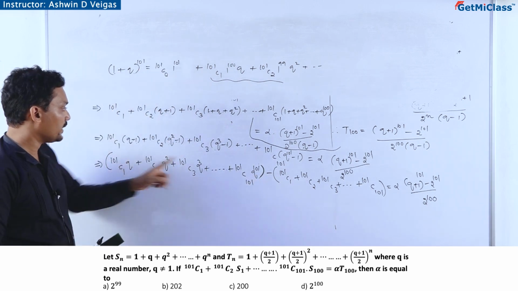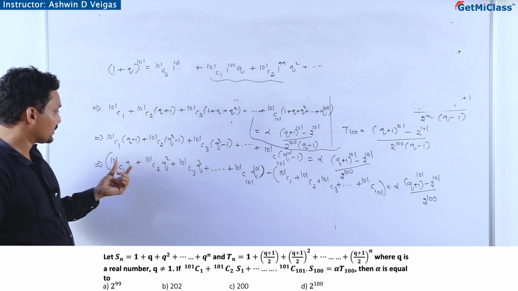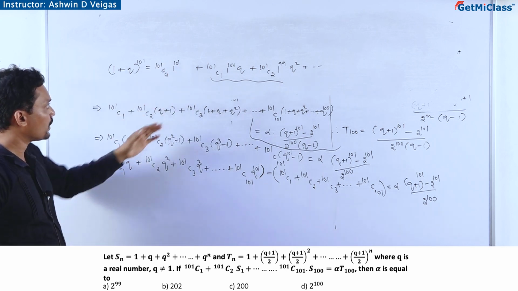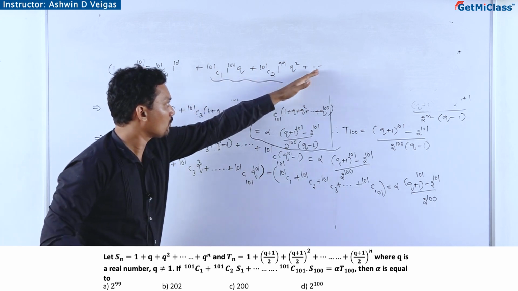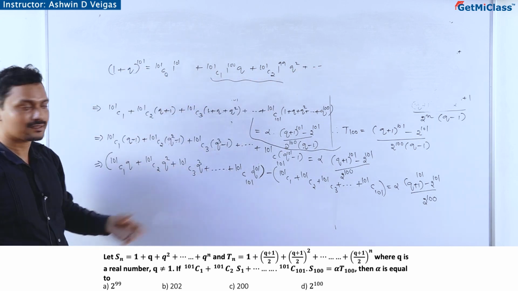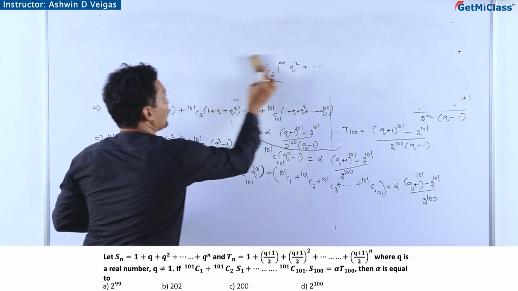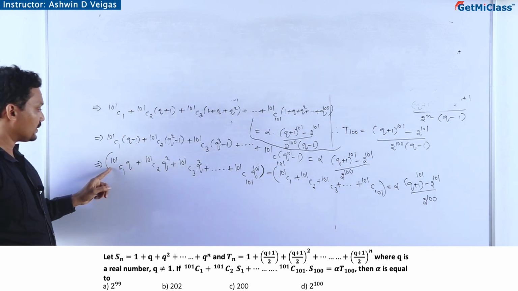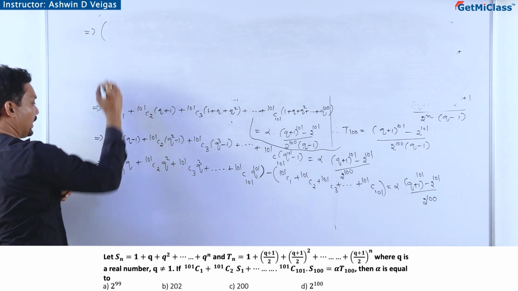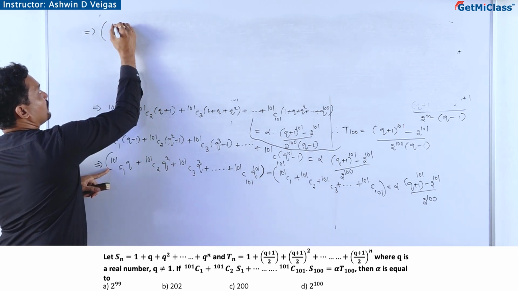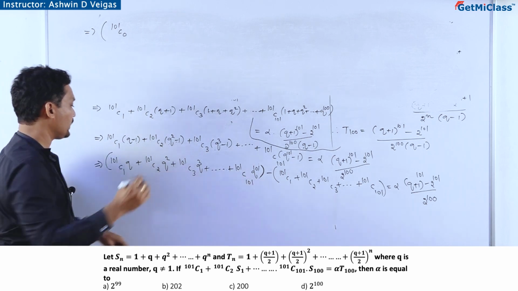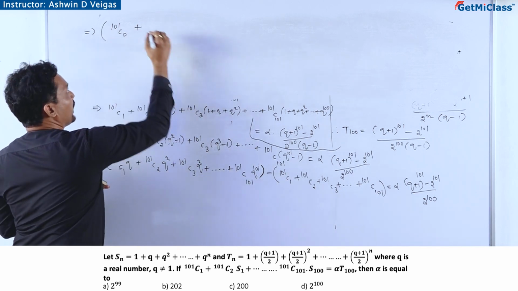You can't write it because this term is missing, but we have all the terms from here up to the end. That means we have to add this term extra. So in the next step, I will add 101C0, and later I have to balance it.